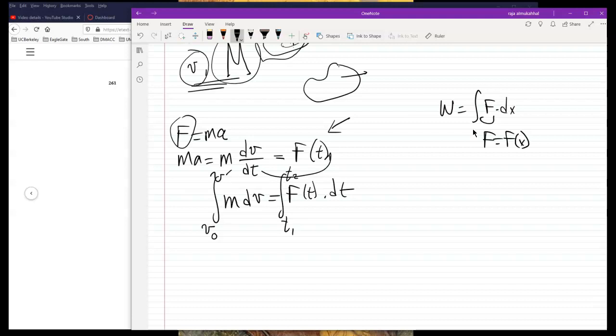So when I do that, what do I get? Well, this gives me mv from v naught to v prime equals this integral of F of t dt. I can't integrate it really until I know the nature of the force.